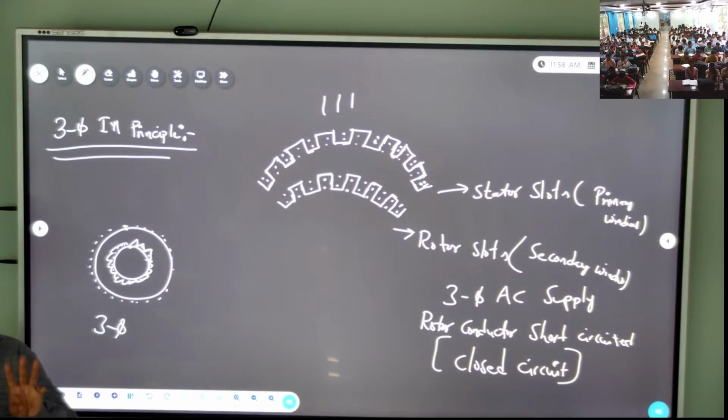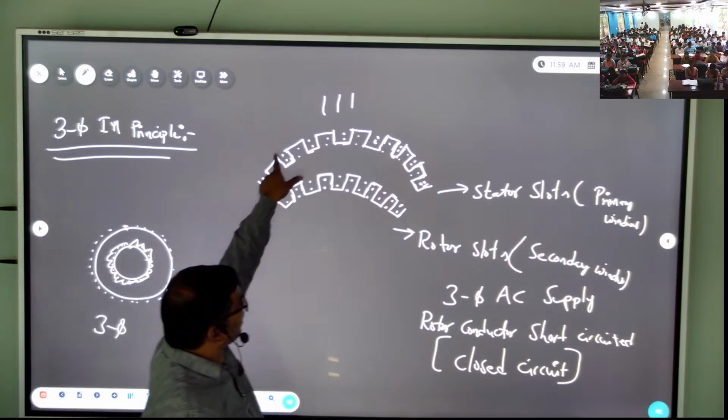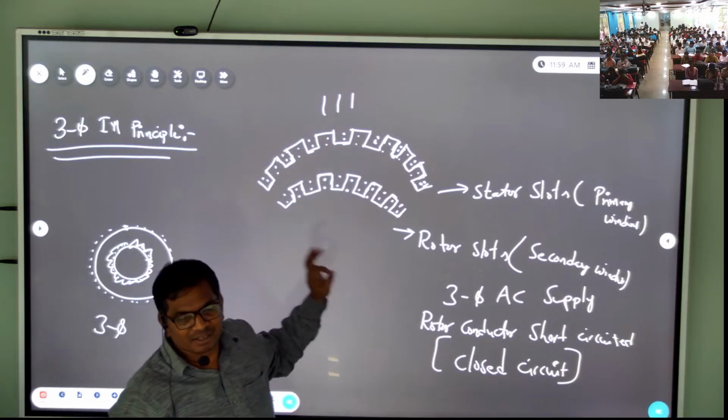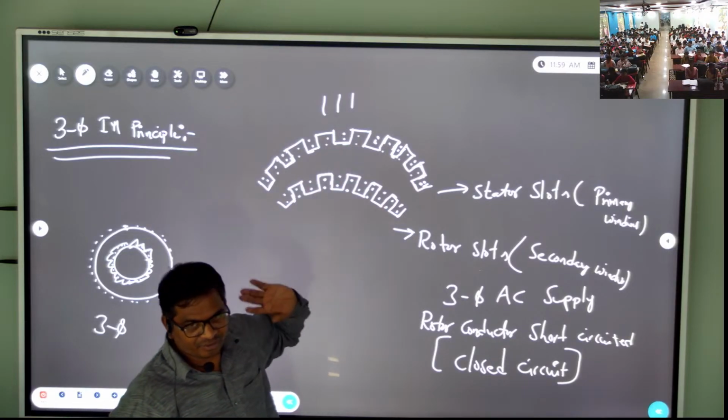Three-phase means RYB: red, yellow, black, or red, yellow, blue. I think you have seen those three colors. So the three wires are connected across the stator winding, in the stator slots.